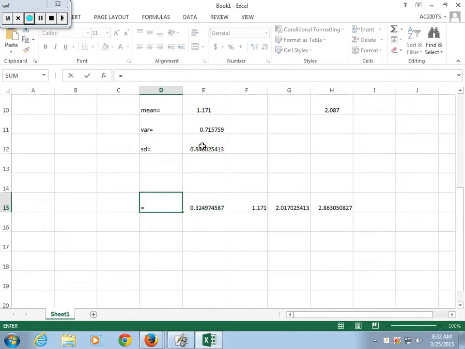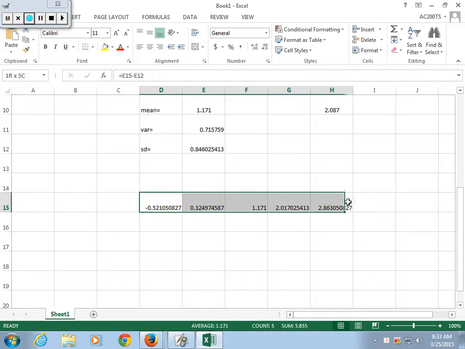And subtract the standard deviation. So your normality falls between what? Negative 0.5 and 2.9. That's normality.